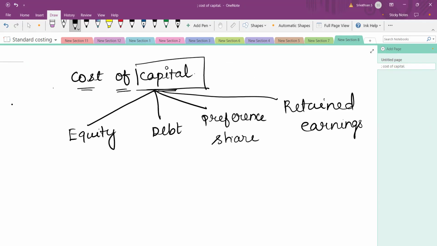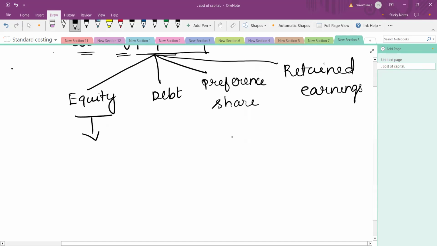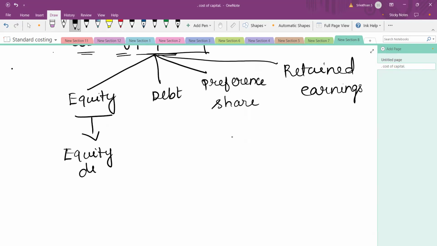If the company is raising finance in the form of equity, what does the company have to pay to the equity shareholders? The company has to pay equity dividend. So equity is a form of capital, and there is a cost associated with that form of capital, which is nothing but equity dividend.